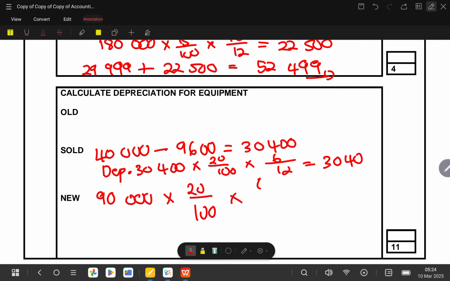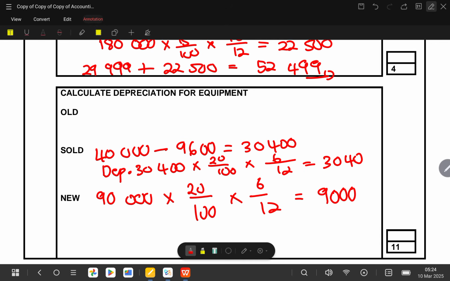So it will be with us for only 6 months. So let's see how much we're getting. 90,000 multiplied by 20, divided by 100, and then multiplied by 6, divided by 12. It is giving us 9,000.